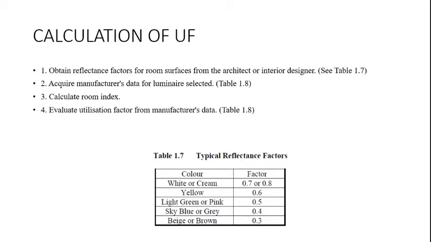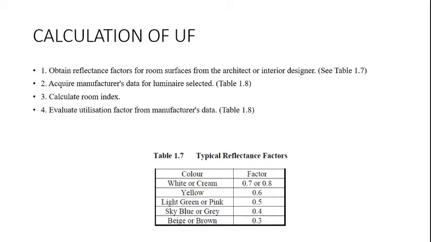The calculation of utilization factor is a procedure, and this procedure consists of 4 steps. The first step is to obtain reflectance factors for room surfaces from the architect or interior designer. You know that the reflectance factors for high contrast color and low contrast color are different, so it will vary from room surface color to color.